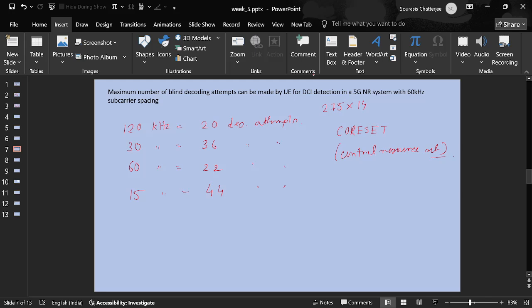And why is this exception required? To reduce the latency. Basically, for a URLLC user there is a strict latency requirement, so it cannot wait for the entire slot duration. So for them exceptions can be made, and the CORESET can be sent in the middle of a slot or later. Okay, fine.